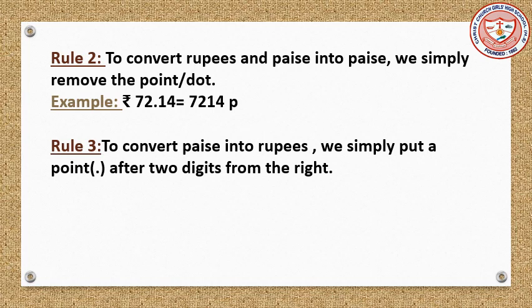Now, Rule 3. To convert paise into rupees, we simply put a point after 2 digits from the right. Now, look at this example. 1,600 paise.